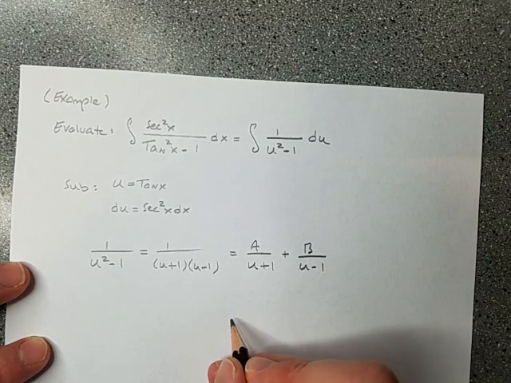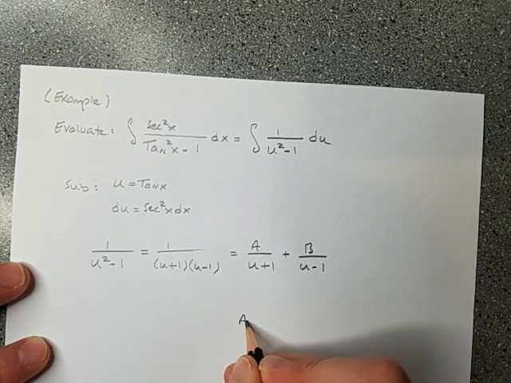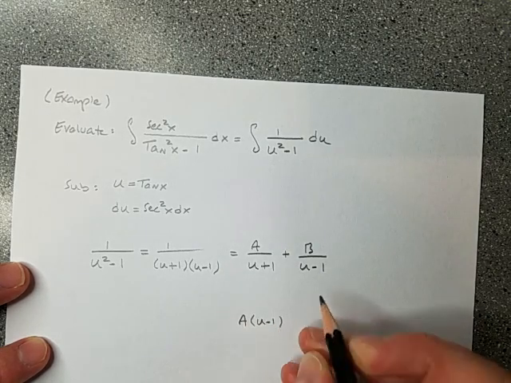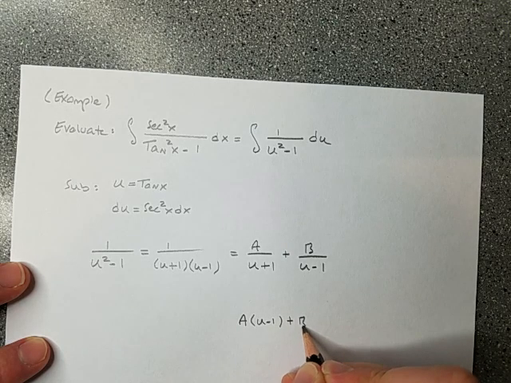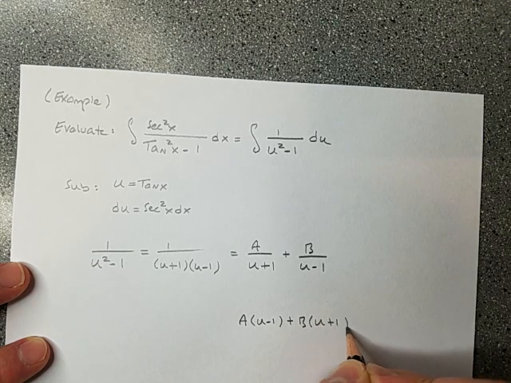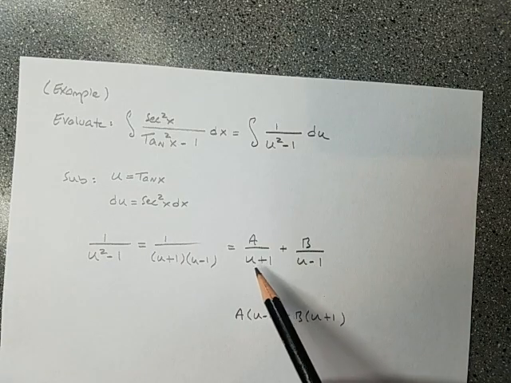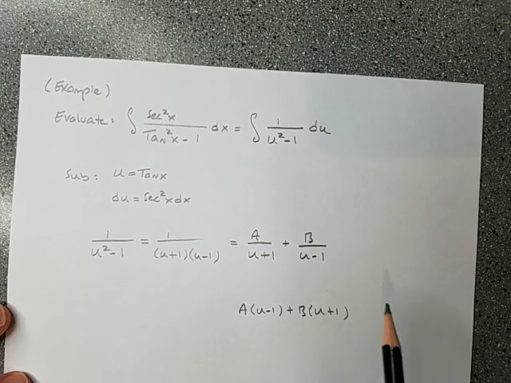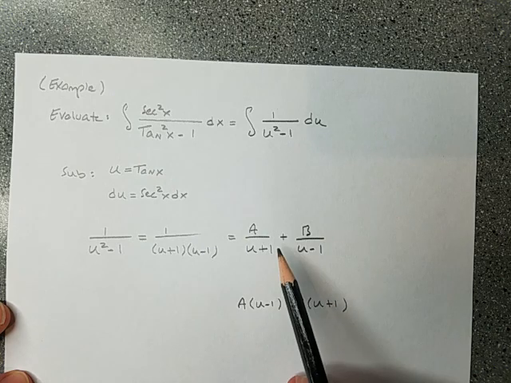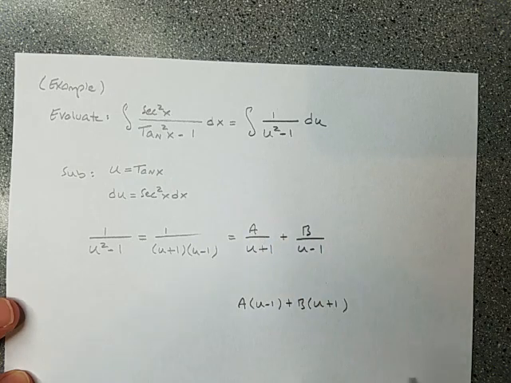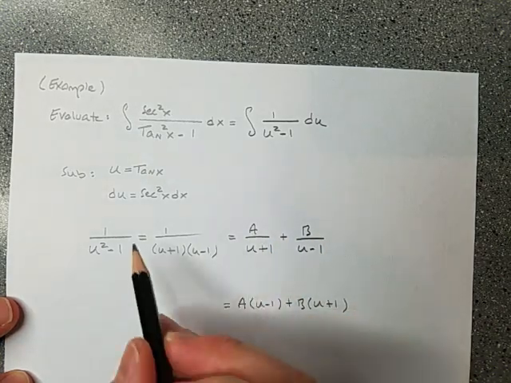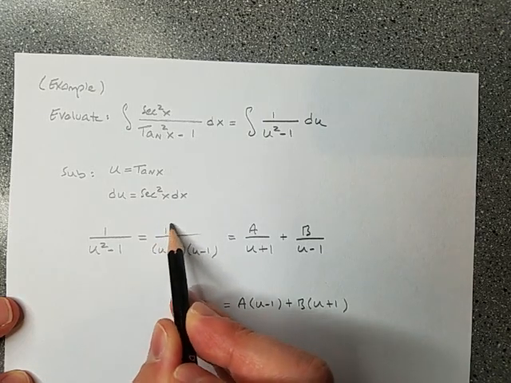The way that that's going to look is a times u minus 1 plus b times u plus 1. That's what it would look like if I got a common denominator of u plus 1 times u minus 1. That's what the numerator would be once these are added together. But I need it to be this number. I need it to be a 1.